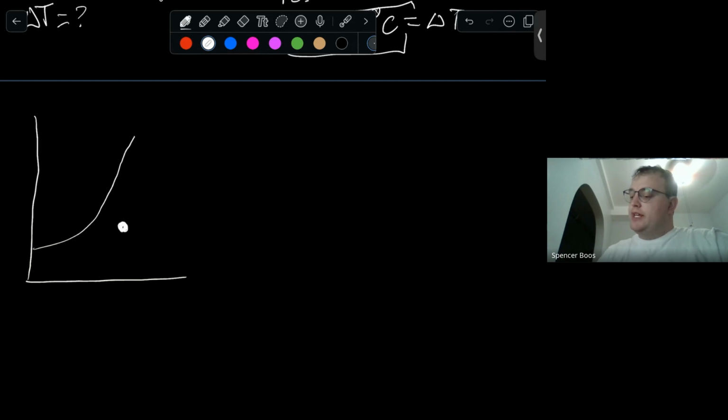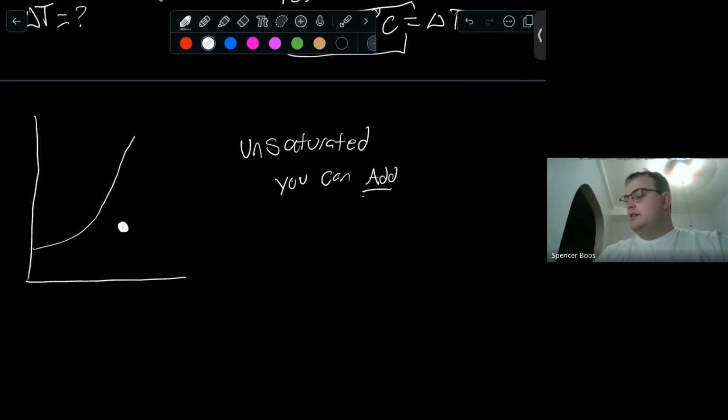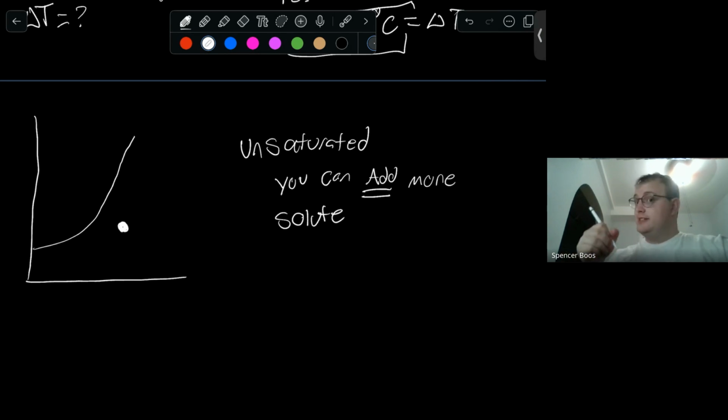All that unsaturated means is that you can add more solute. You can add more solute and it will still dissolve. That's a key point there.